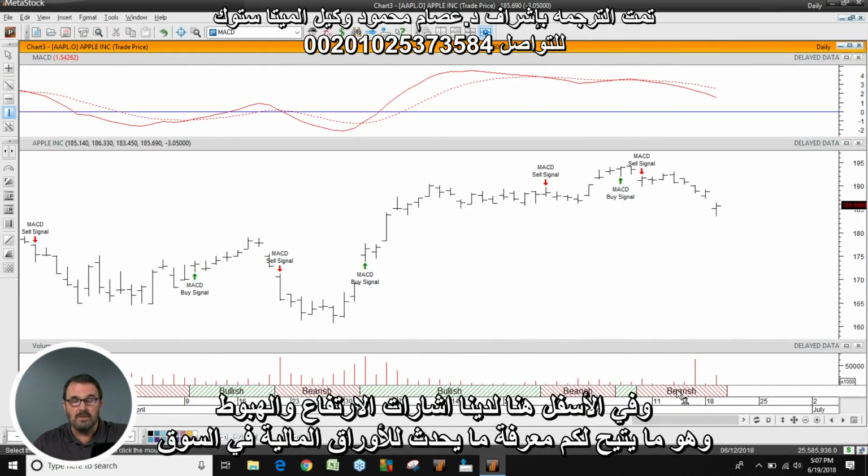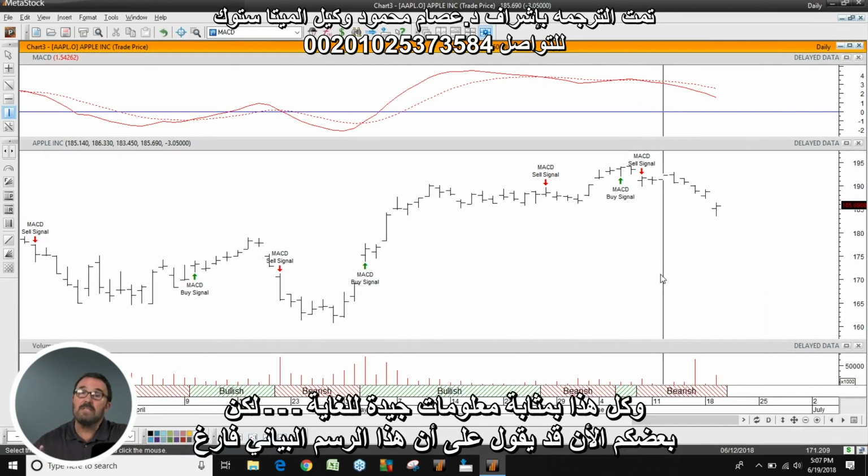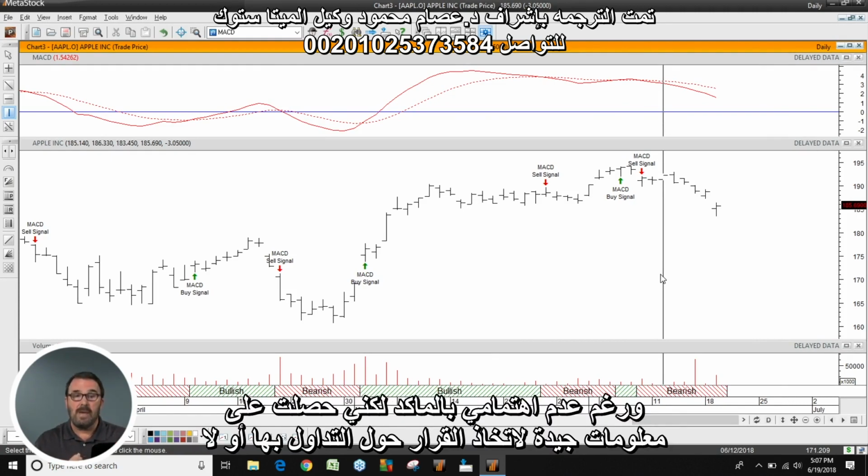As well, on the bottom now you see we have bearish and bullish ribbons that give you a better idea what's going on with that security in the market. And that's great information. I mean, right away you're saying, okay, a minute ago I was looking at a completely blank chart. I had no idea. But I know I'm interested in the MACD, and now I'm provided very easy visual cues about whether I should buy or trade based on the MACD.